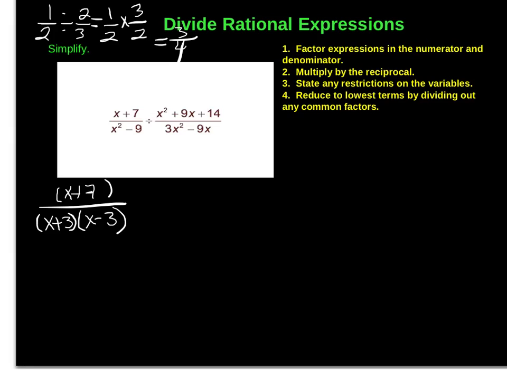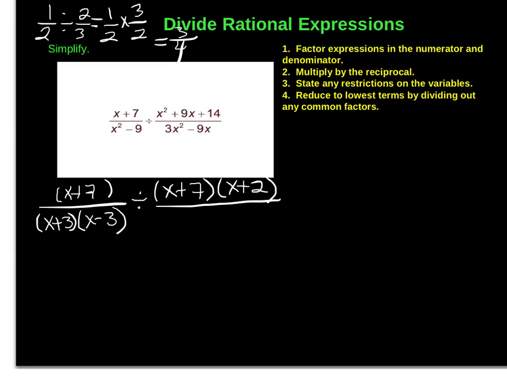And let's just rewrite exactly what we have. Divided by, and then factor x squared plus 9x plus 14, and we get x plus 7, x plus 2.